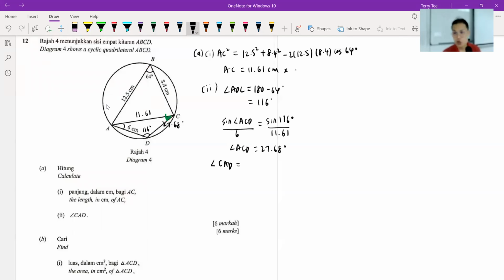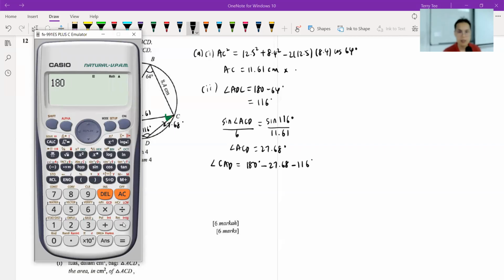Since this is a triangle, the total interior angle for a triangle is 180. You minus 27.68, you minus 116. Okay, let's count: 180 minus 27.68 minus 116. You should get 36.32.